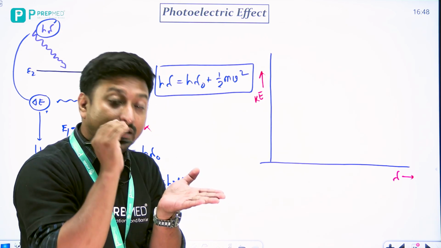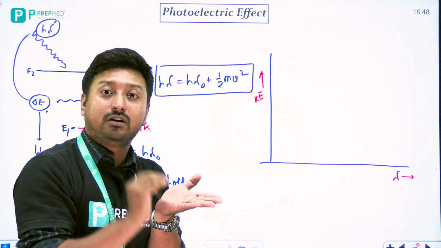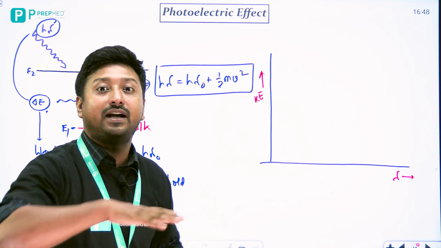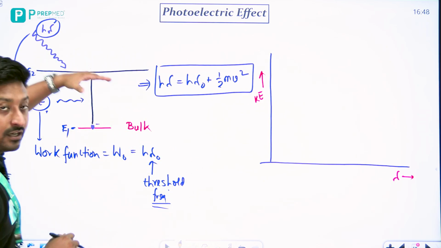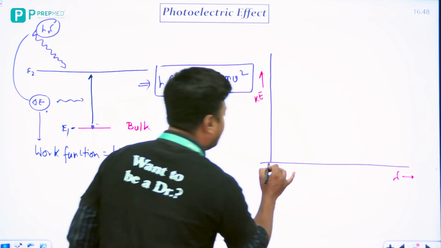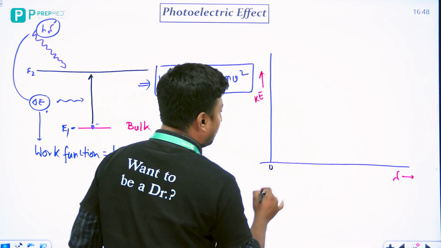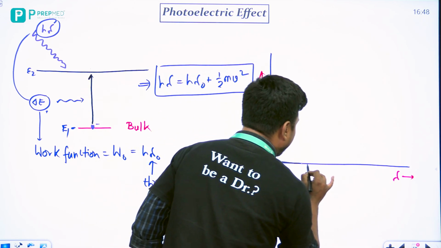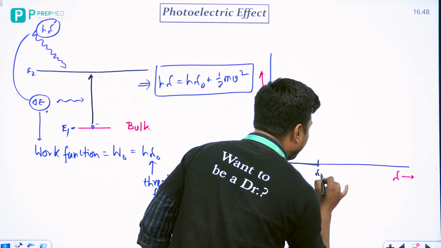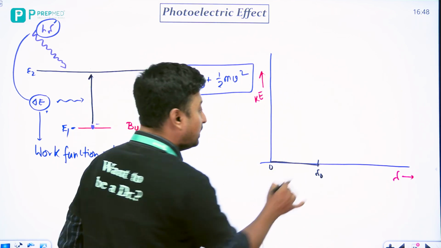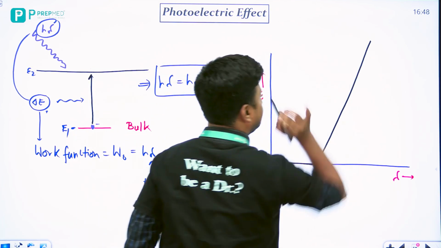That means the electrons have to absorb some amount of frequency so that they can go from the bulk state to the surface state, right? So technically, if we start initially from here, after a certain point, when the frequency matches nu 0, then after that the kinetic energy rises.